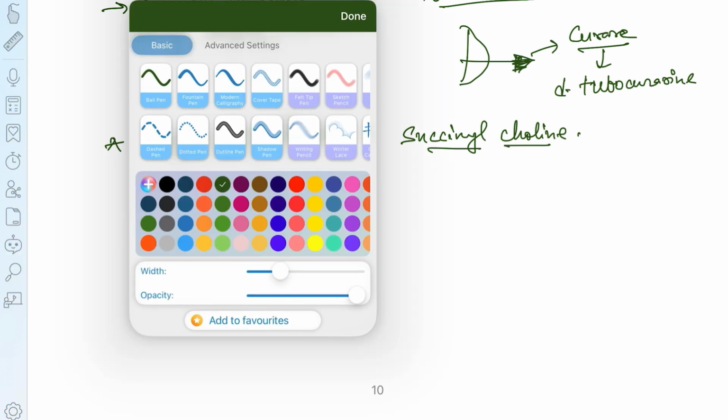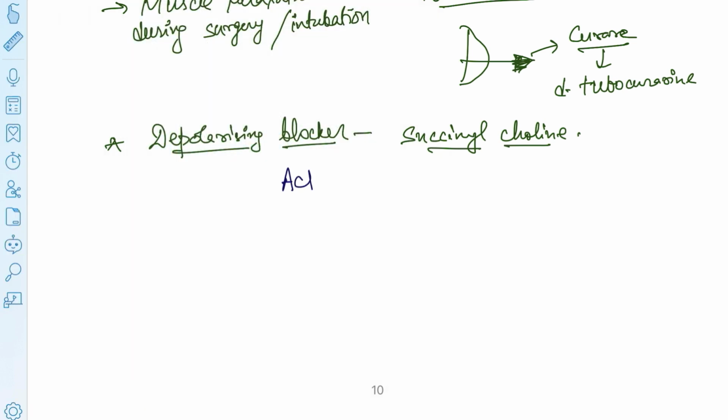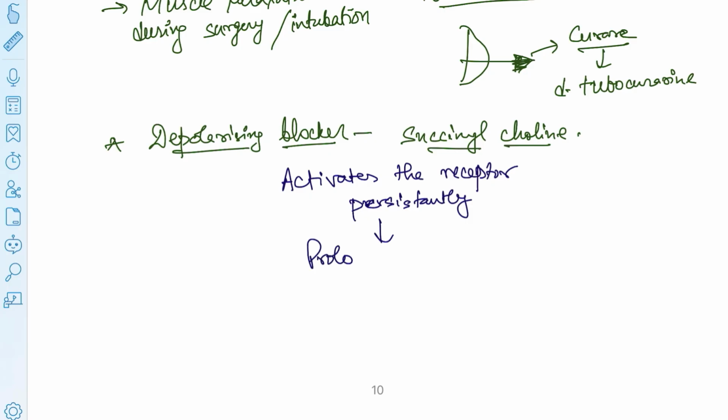Okay, so what it basically does is it activates the receptor persistently. Okay, so the prolonged activation, or the prolonged depolarization, can cause deactivation of the receptors.